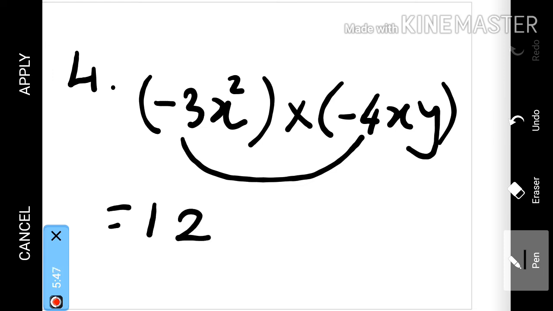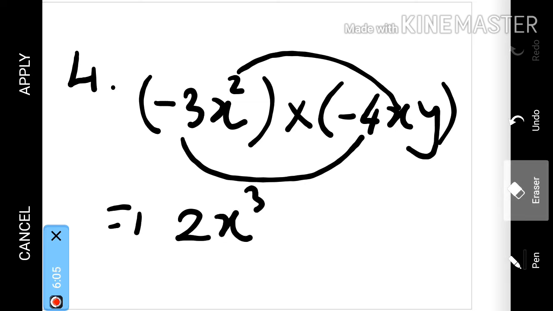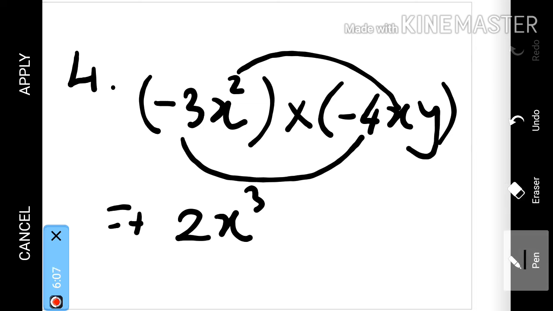Minus into minus becomes plus. Correct? x square into x becomes x raised to 3. So here we have plus 12. Then there is no y variable in the first term, so y comes as it is.